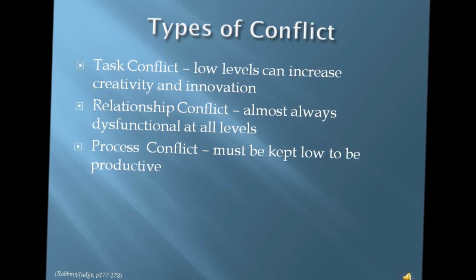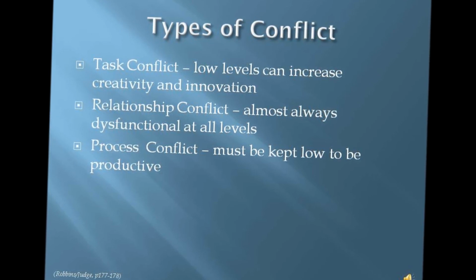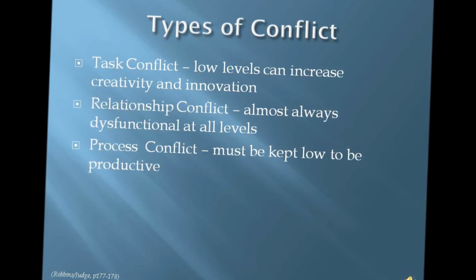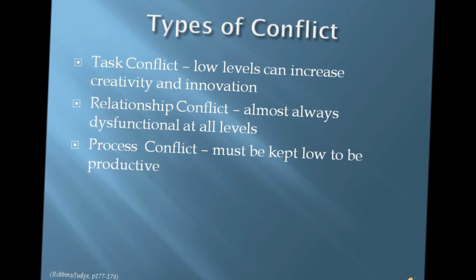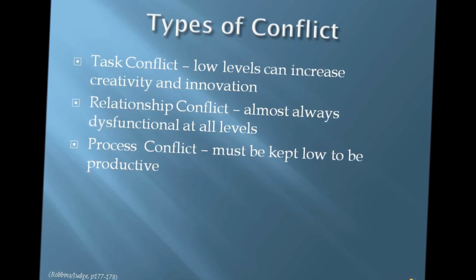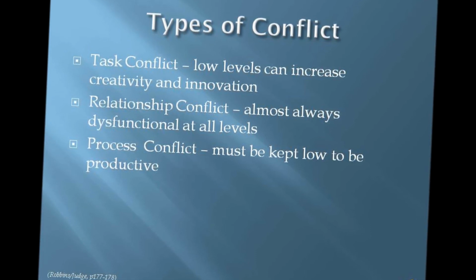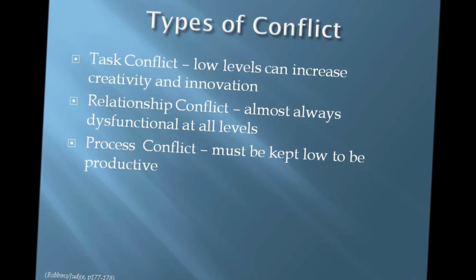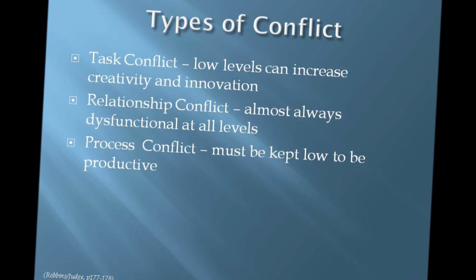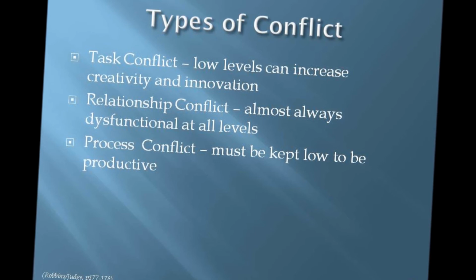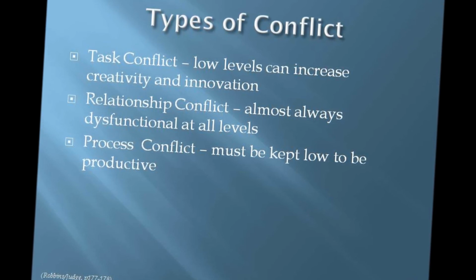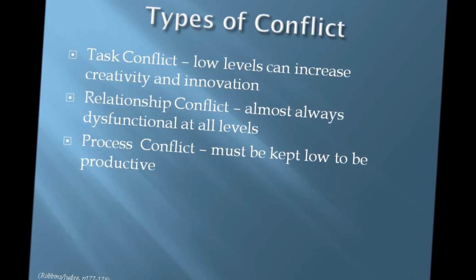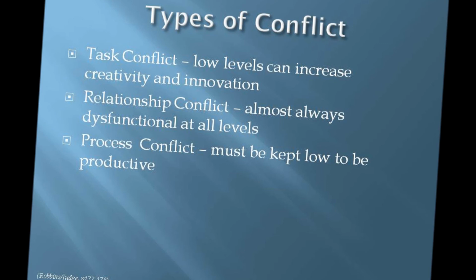Studies demonstrate that relationship conflicts are almost always dysfunctional because friction and interpersonal hostilities inherent in relationship conflicts increase personality clashes and decrease mutual understanding, which does hinder the completion of organizational tasks. High levels of process conflict can stimulate uncertainty about job task roles and increase time to complete tasks.